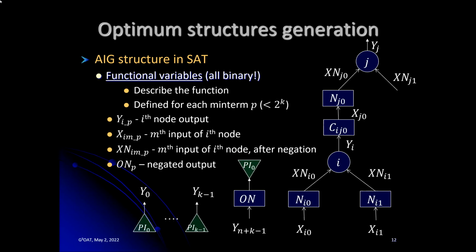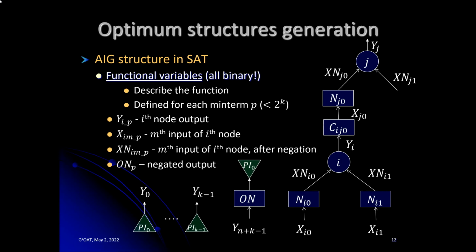So we need to introduce variables describing the outputs and the inputs of each node. Some temporary variables like the function after negation, and again basically a temporary one, a kind of negated output.